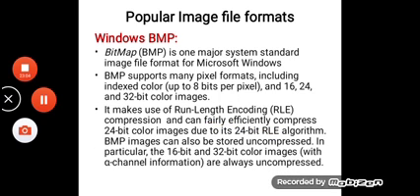Now let us go ahead with the next file format, that is Windows BMP, the Windows bitmap format, which is one major system standard image file format for Microsoft Windows. BMP supports many pixel formats, including indexed color up to 8-bit per pixel, and 16, 24 and 32-bit color images.